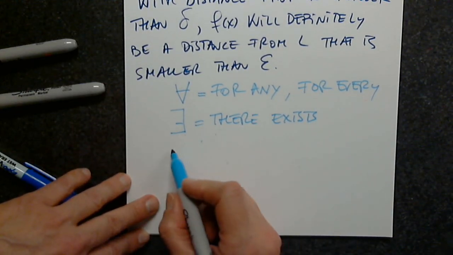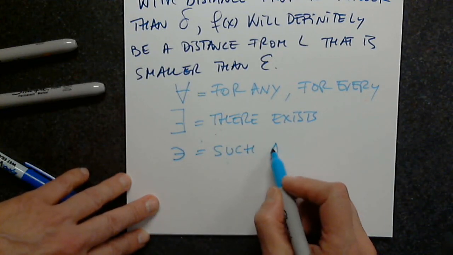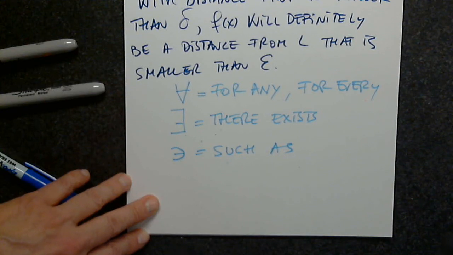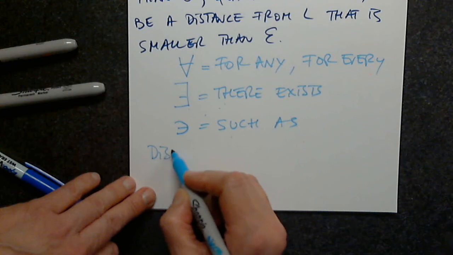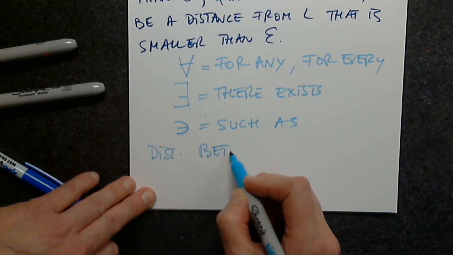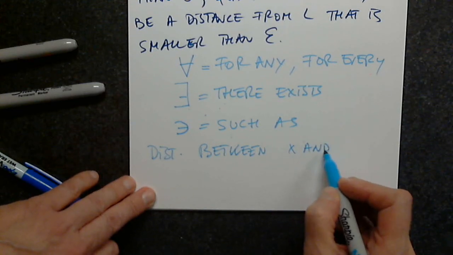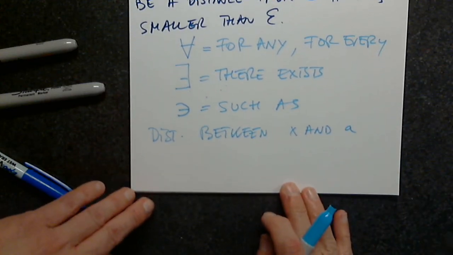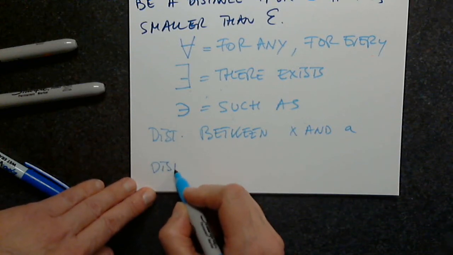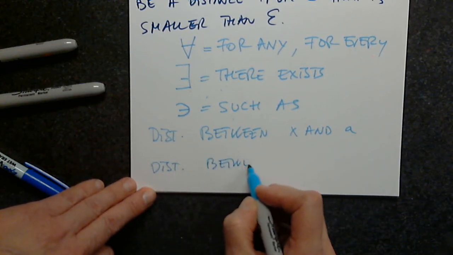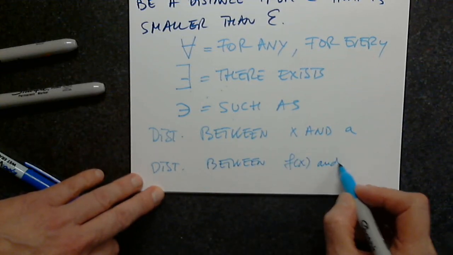And this mathematical symbol means such as. Also, how do I write the distance between x and A? Delta symbol is triangle. And how do I write the distance between f of x and L?